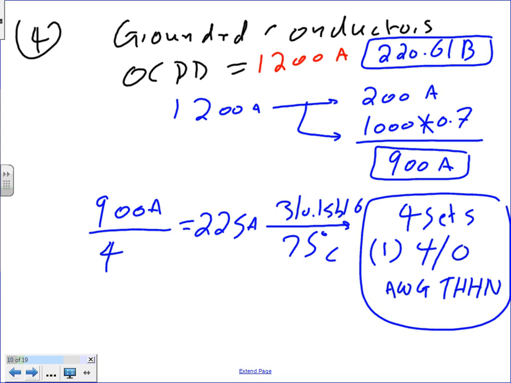Can I get you guys to understand, if the phases are parallel 3, then I have to parallel 3 here. And can I get you guys to understand, if this number is less than 1/0, you have to make it 1/0, because you can't parallel conductors less than 1/0 for power. Less than 1/0. Did I say more? Sorry. Less than 1/0 for power.